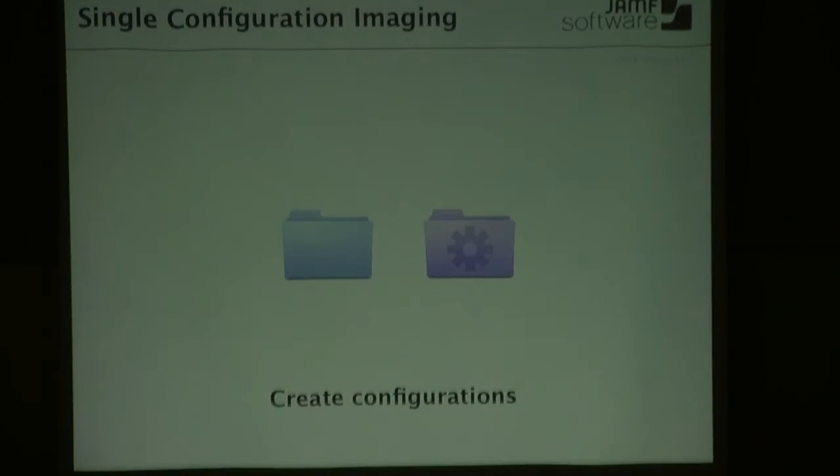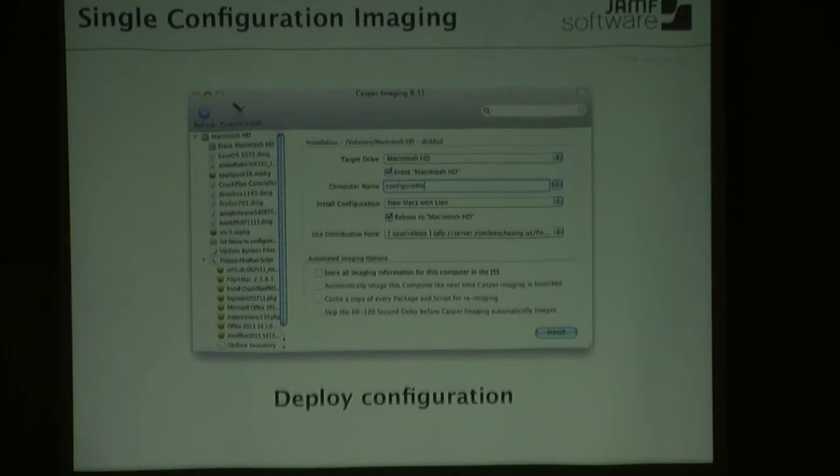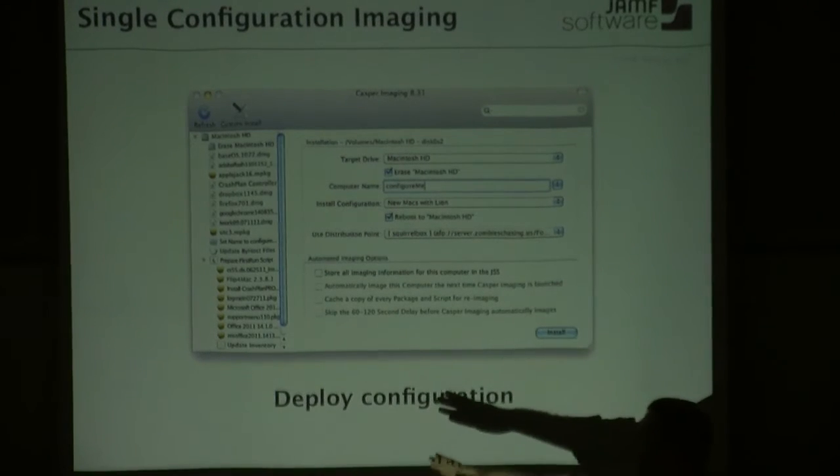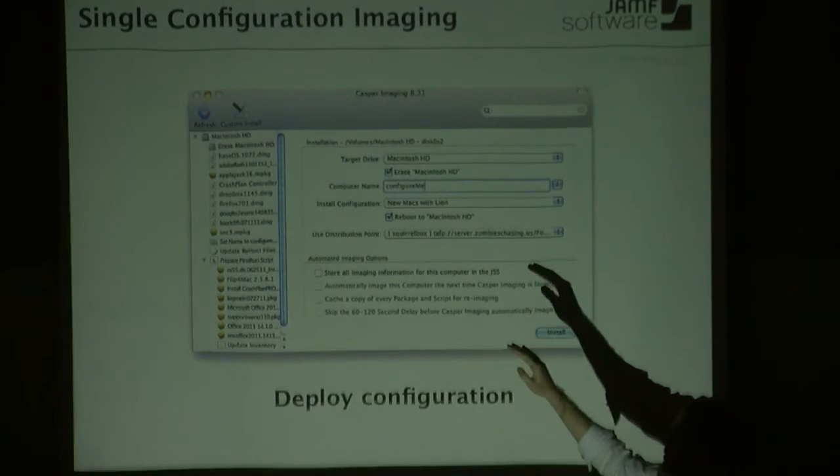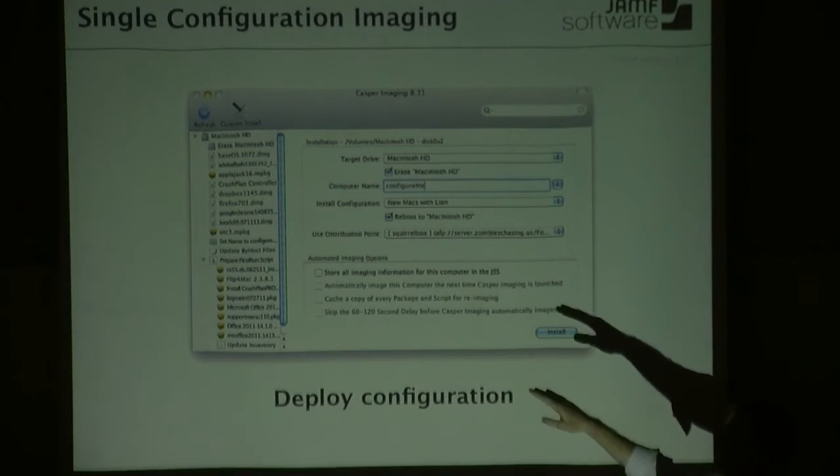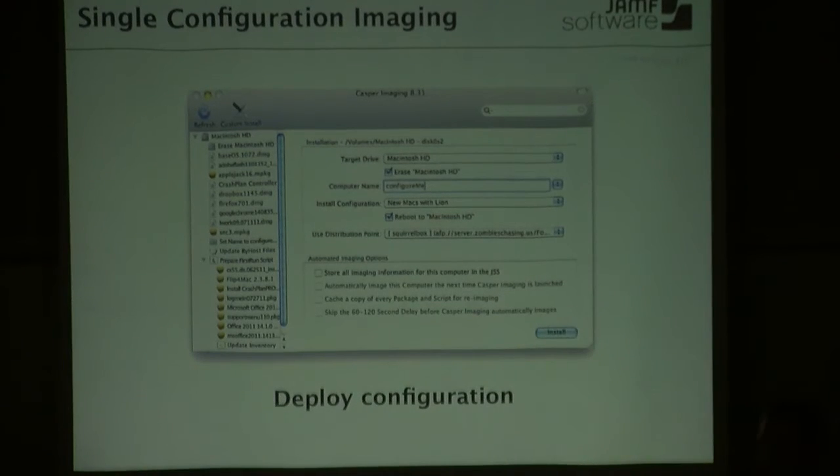The blue ones are the base configurations. The purple ones are the smart configurations I was mentioning. And then this is what Casper Imaging looks like. On the left-hand side, we've got our full workflow. You can see it's starting with the base image, running down through the third-party applications, setting the name, updating host files, and preparing a first run script so that things are actually going to take place during the first run.